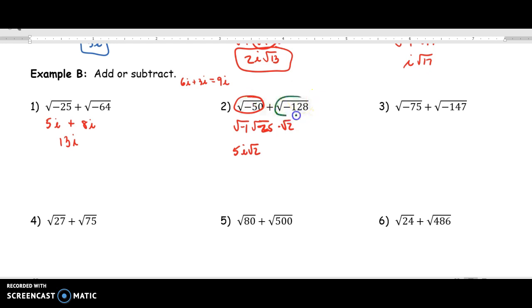And then when I go to do this one, we're going to do root -1 times root 64 times root 2. So it's going to give me plus 8i root 2. And now since root 2 is in both of these, we're going to say 5 plus 8 is 13, and you have your i and then your root 2.